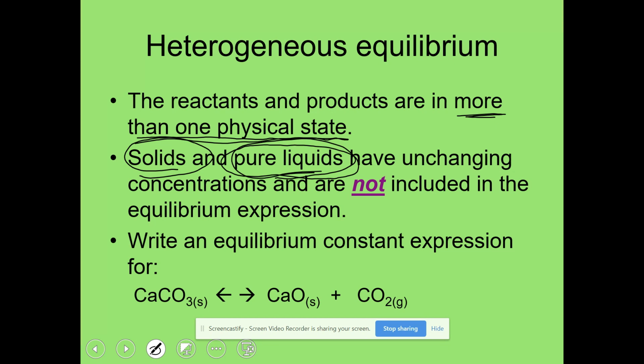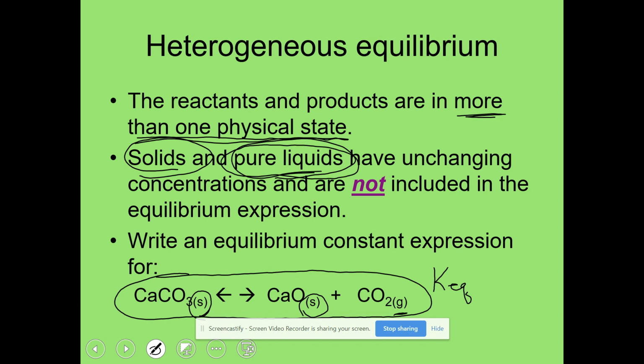So when you see something like this, okay, and you've got more than one physical state, like here we have a solid, here we have a solid, okay, and here we have a gas. When you see something like this, the KEQ is just going to be equal to the carbon dioxide concentration here, okay?